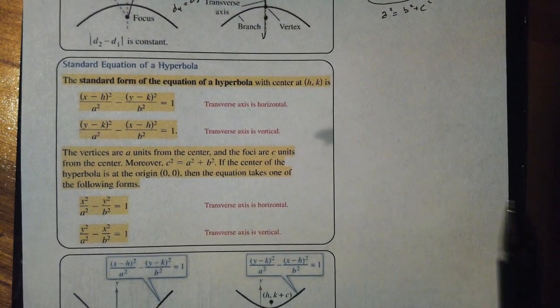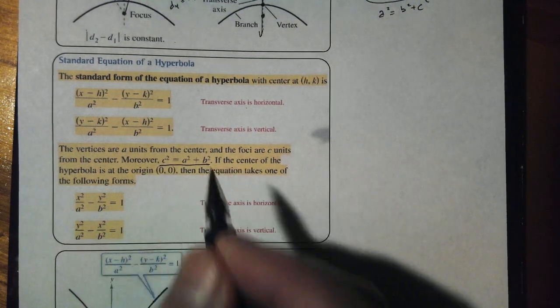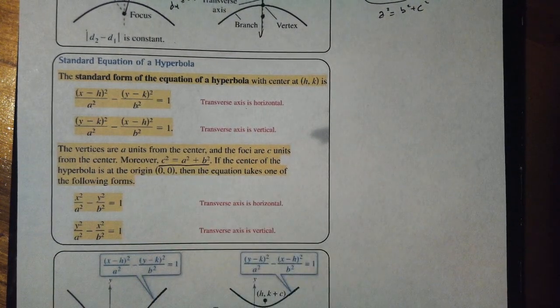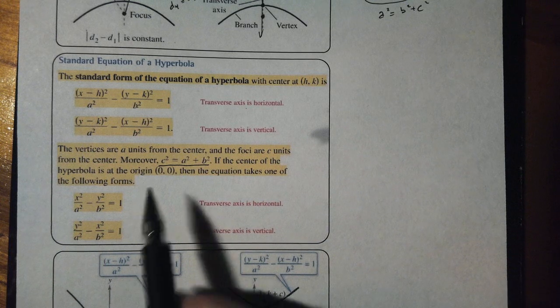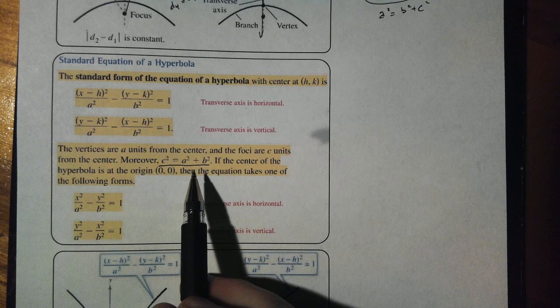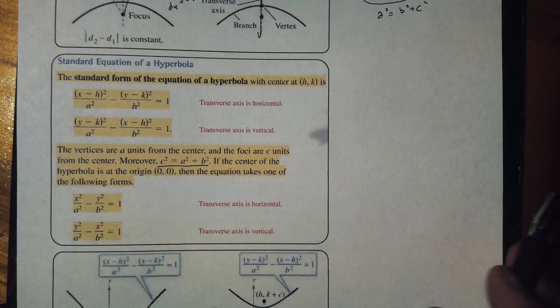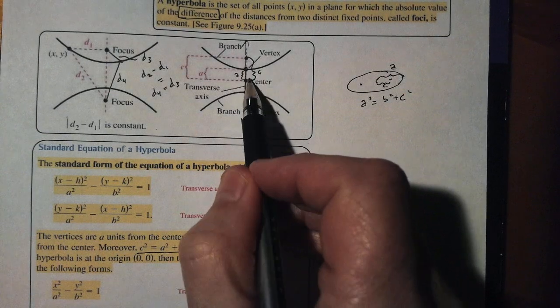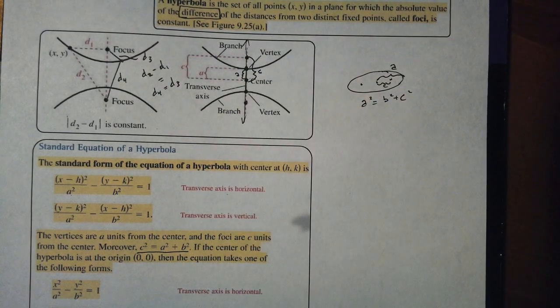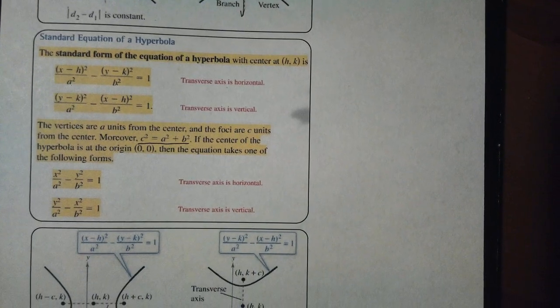It's bigger than A and B. And there is a Pythagorean relationship still, but this is a different relationship than when we had ellipses. In ellipses, it was A squared equals B squared plus C squared. Not a great one to memorize. Probably better just to realize, hey, the foci are the farthest away. So it's got to be C. If there is a Pythagorean relationship, it has to be C squared equals.